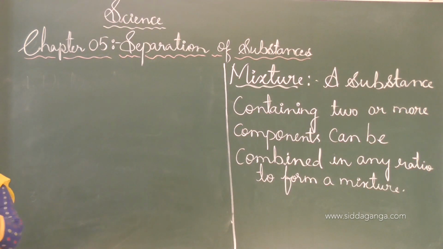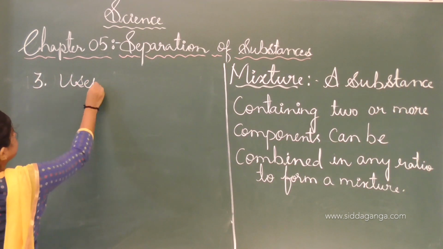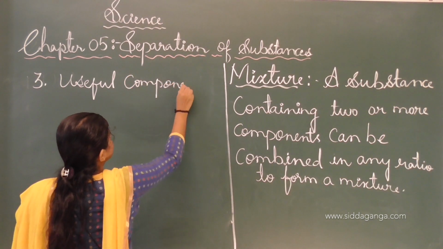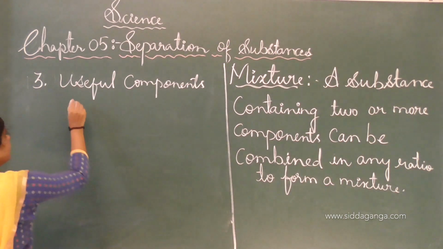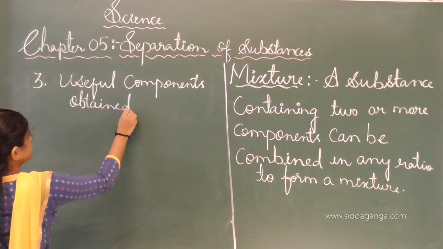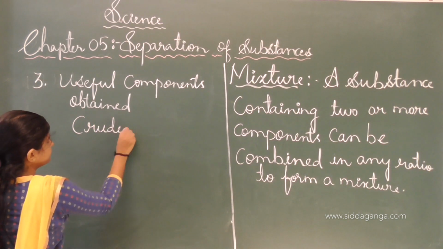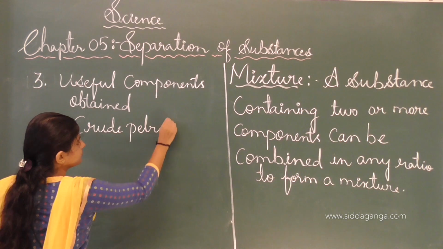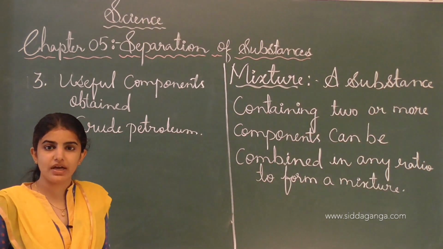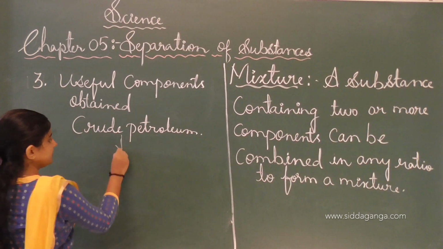See, third case, as I told, useful components obtained here. For example, as I told, crude petroleum. See, while extracting the crude petroleum from the earth, there are so many fuels present in this mixture.